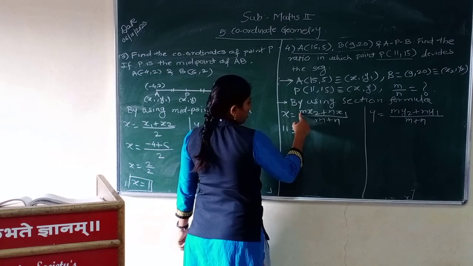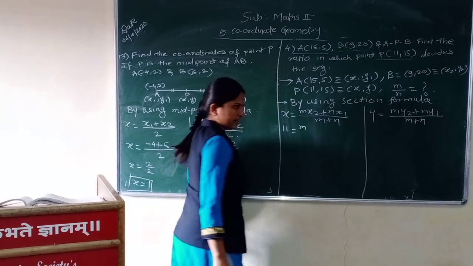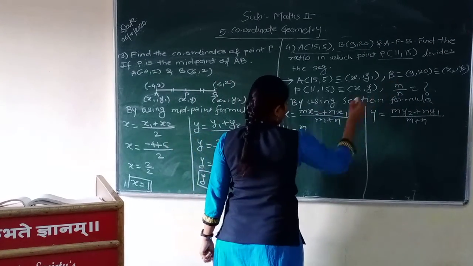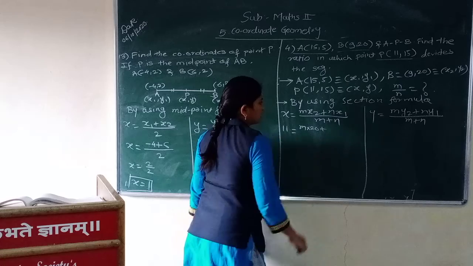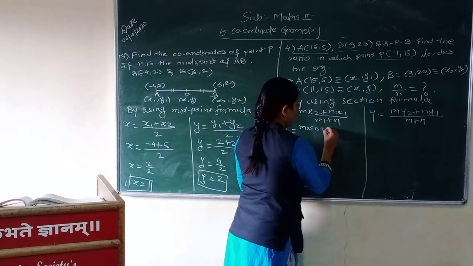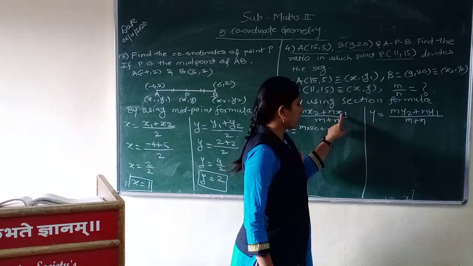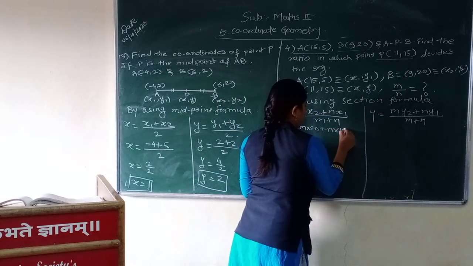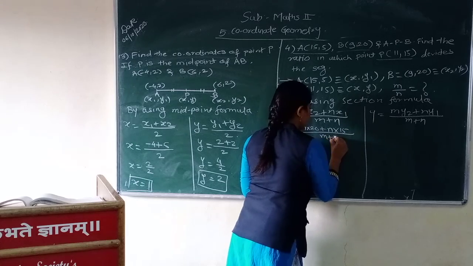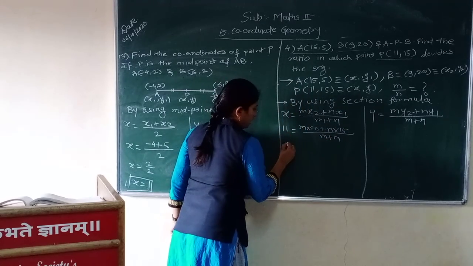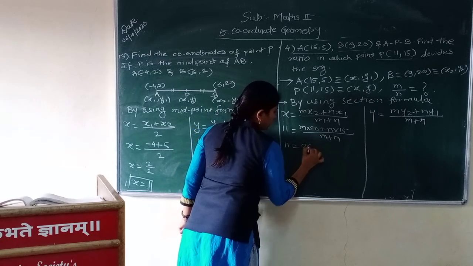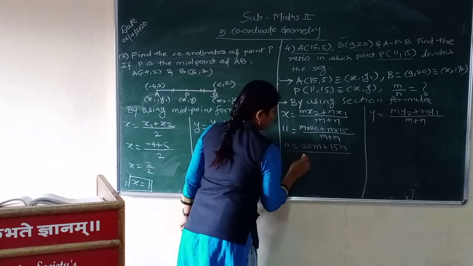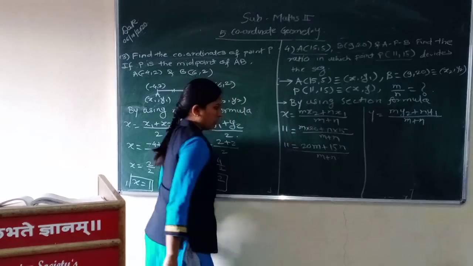Then m, we have to find that m. Then x2 is also given, 9, plus n not given. Then x1 is 15 upon m plus n. Okay, then 11 equals (9m + 15n) upon (m + n).